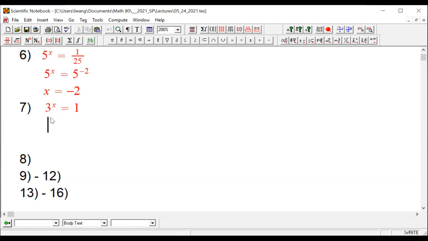Now, 3 to the power x equals 1. 1 is equal to 3 to the power of what? 0. So x is going to be equal to 0.